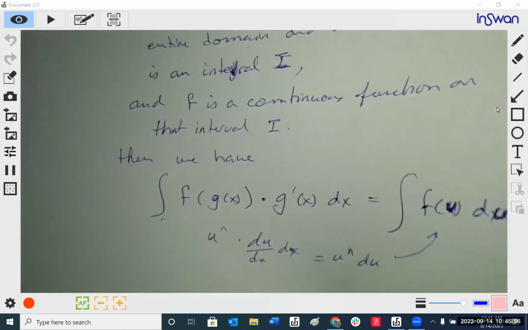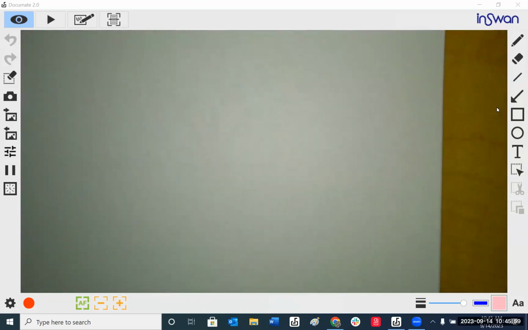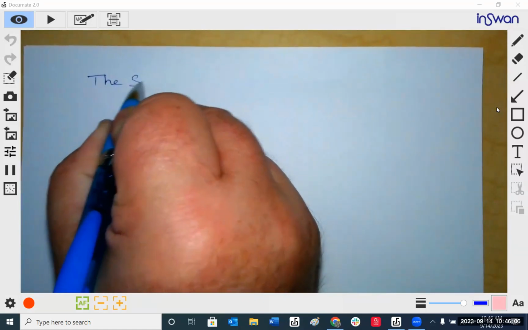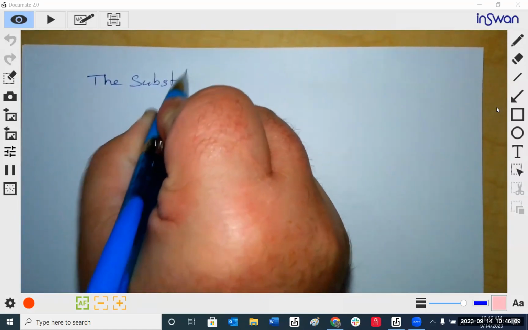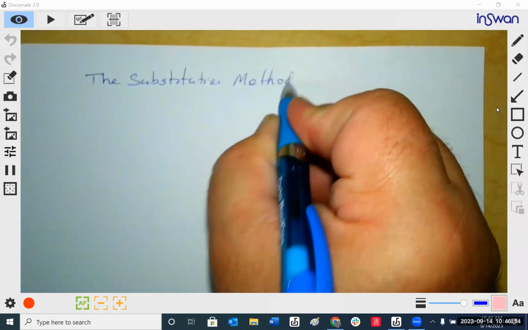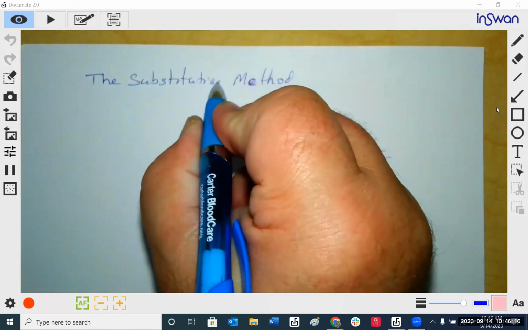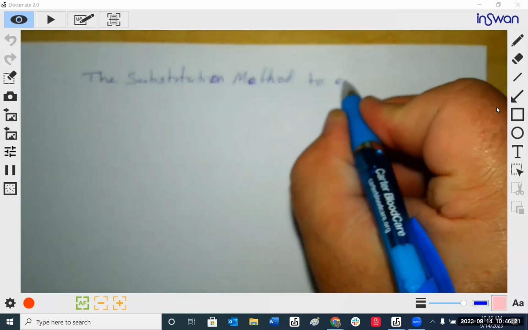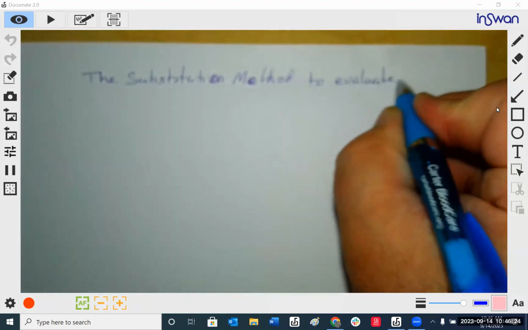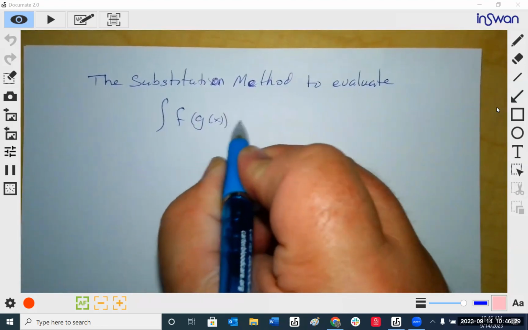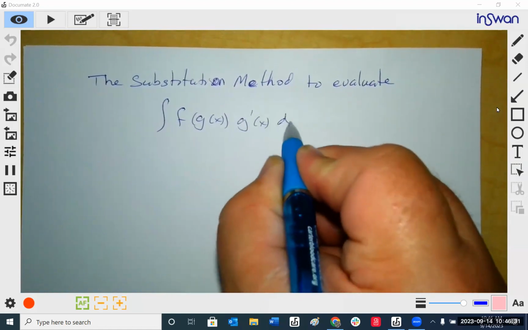Okay, yeah. So the substitution method to evaluate the integral of f of g of x times g prime of x dx.